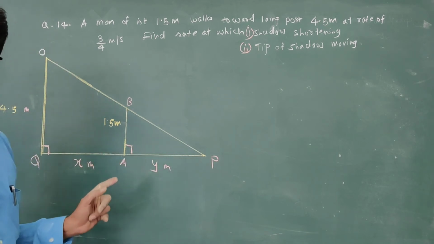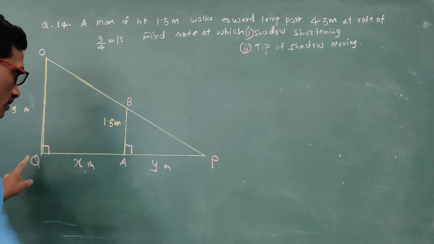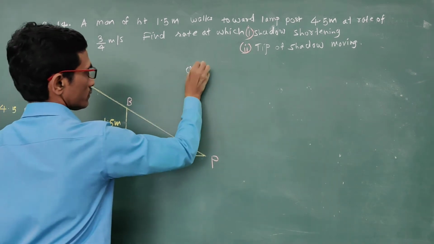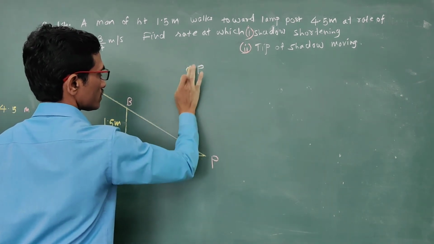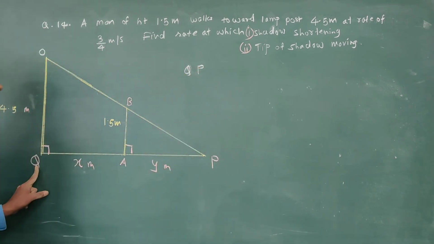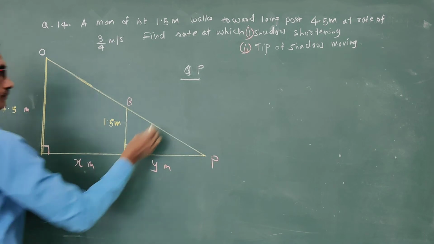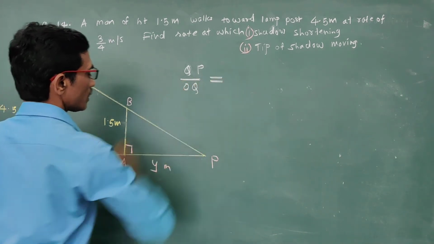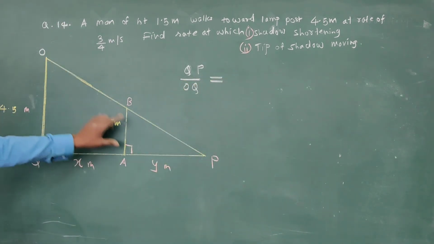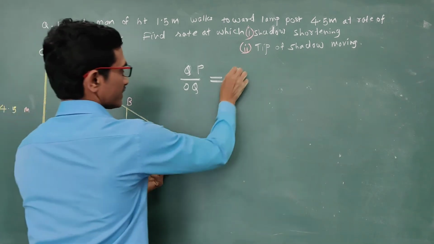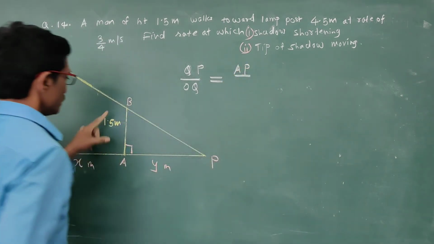So corresponding sides are in proportion. That is QP upon OQ is equal to AP upon AB.